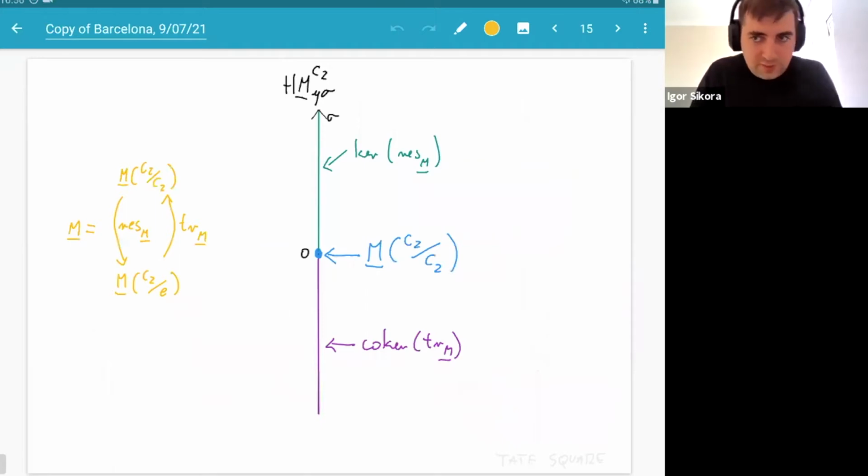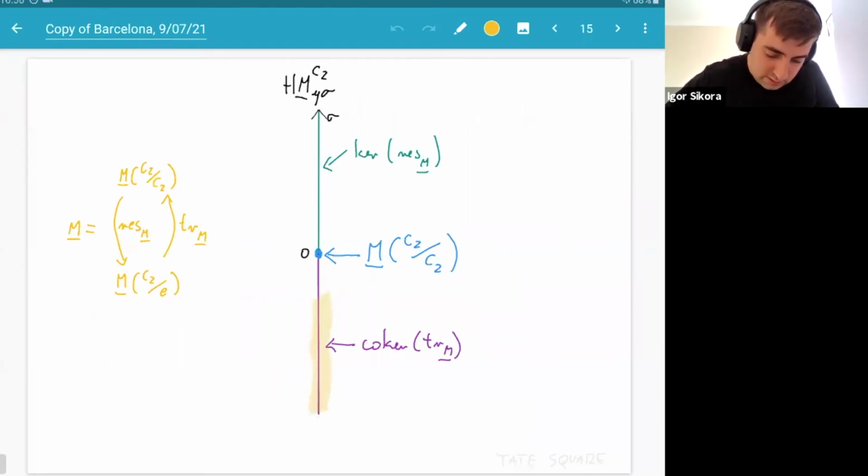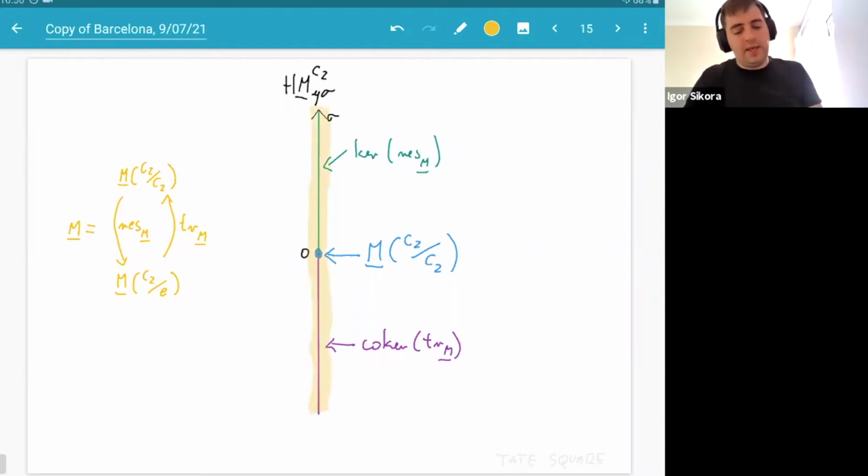So on the left, we have just a reminder of how our Mackey functor looks. And by the vertical axis, I will always denote here the multiples of the sign representation. When we are on this y-axis, if we are below 0, the values are the cokernel of the transfer.